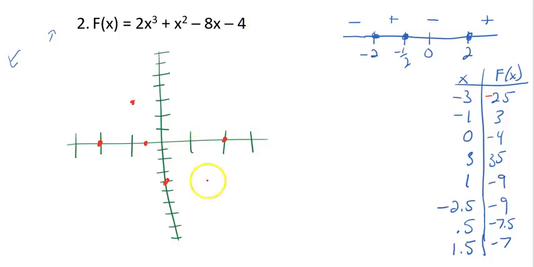At 1, I'm at -9. And at -2.5, I'm at -9. And at 0.5, I'm at -7.5. And at 1.5, I'm at -7.